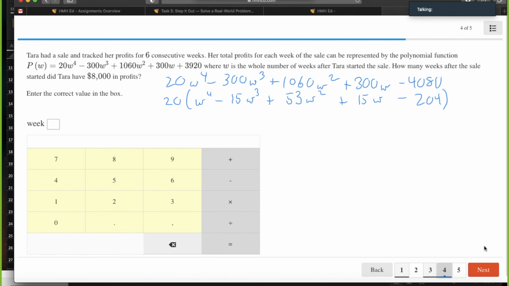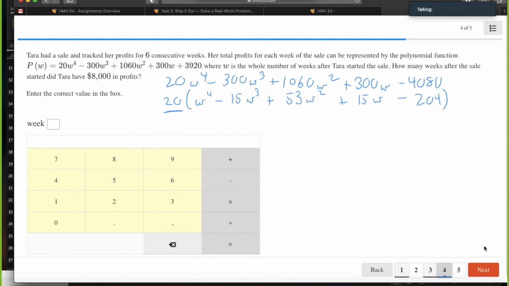So again, we're gonna set up our chart, and away we go. For now, I can actually ignore that 20, because if this is 0, then multiplying it by 20 is not going to do anything. So we're going to set up our chart.